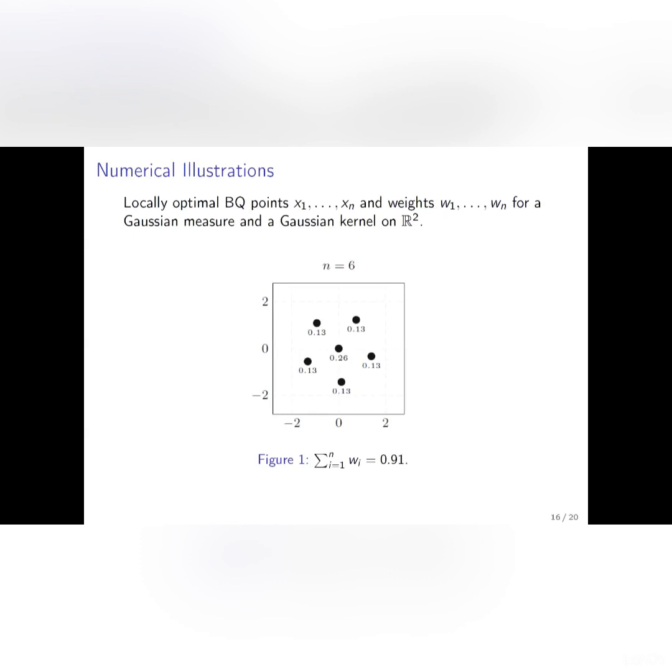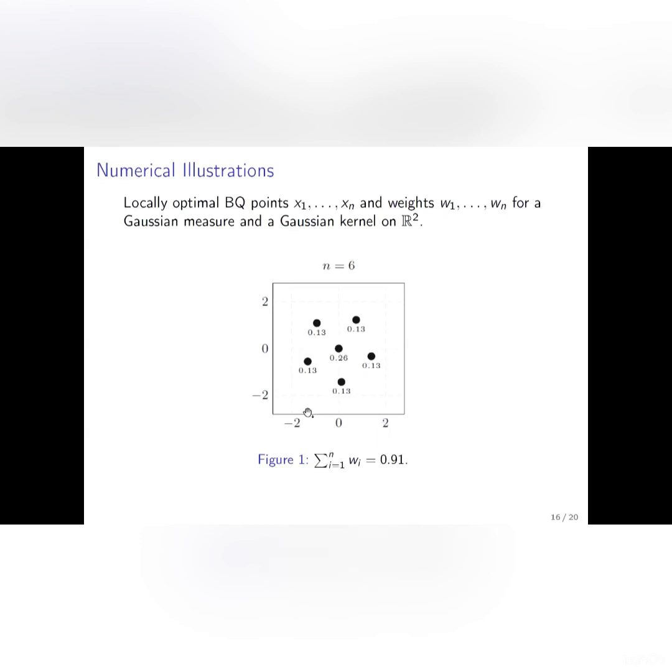I'd like to point out that this case is not covered in the theory, because first this is two-dimensional, and also the measure here, the support is not compact. Anyway, these numbers are the weights, and this Gaussian measure has mean 0.